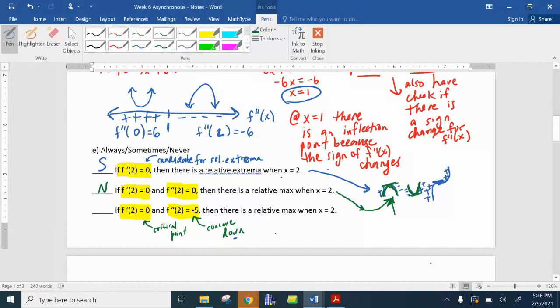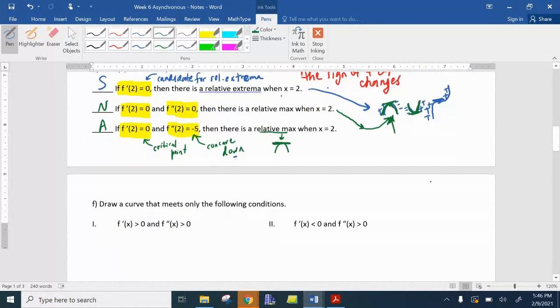So if I make something that's concave down, like this, and there's a critical point, so a derivative of 0 somewhere, that point has to be a maximum. There's no other way around it. If the second derivative was positive, it would be flipped upwards, and then it would be a minimum. So this one is always.